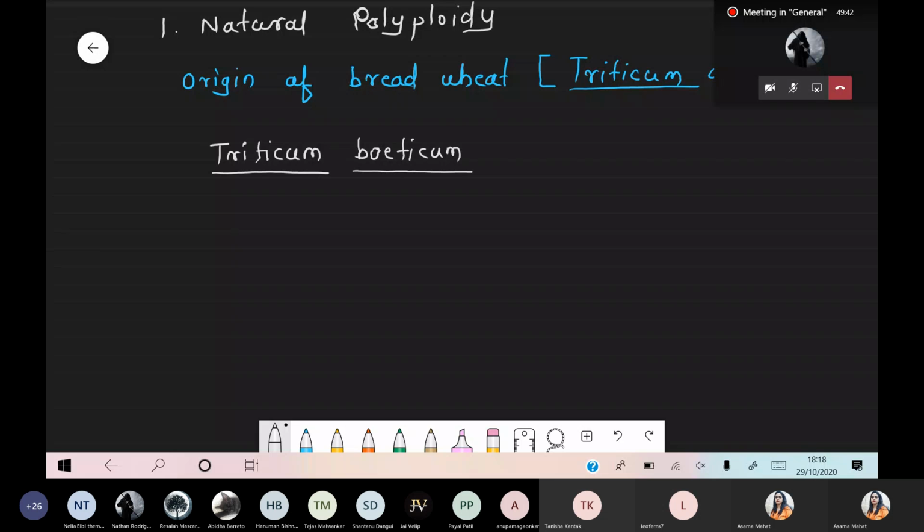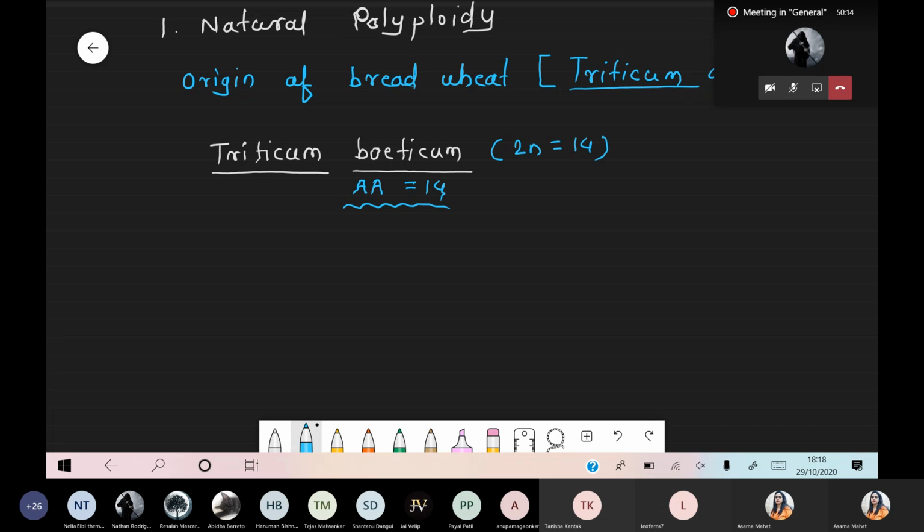This species in diploid condition has a total of 14 chromosomes. So I'm writing the ploidy level also. At the diploid condition there is a presence of 14 chromosomes. Okay, how many chromosomes? 14. And the genotype present is capital A capital A, only one type of gene, capital A. So simply we can say it has a total of 14 chromosomes at the diploid condition.